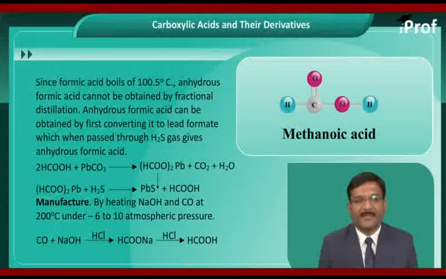Anhydrous formic acid can be obtained by first converting it to lead formate, which when passed through hydrogen sulfide gas gives anhydrous formic acid.